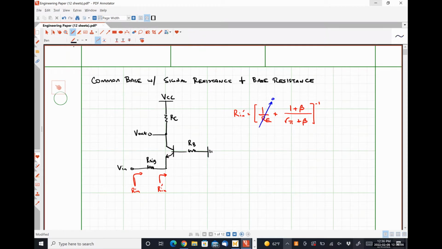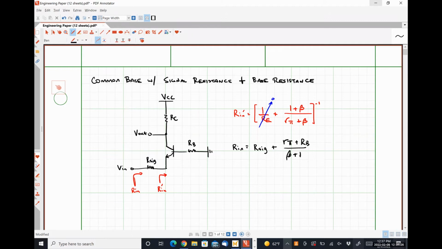From this, Rin with no prime is simply R sig plus (R pi plus RB) times (beta plus 1). Oh, did I write that correctly? Excuse me, that shouldn't be beta, that should be RB. My apologies. I'll fix that in the thing above.